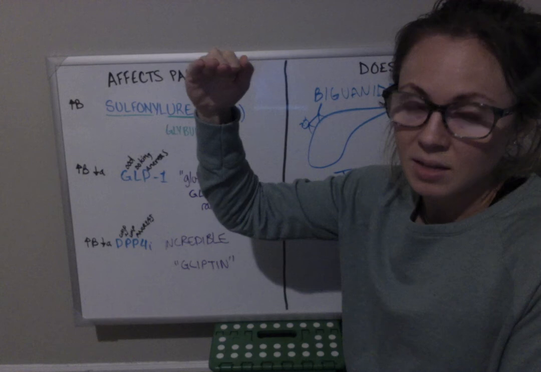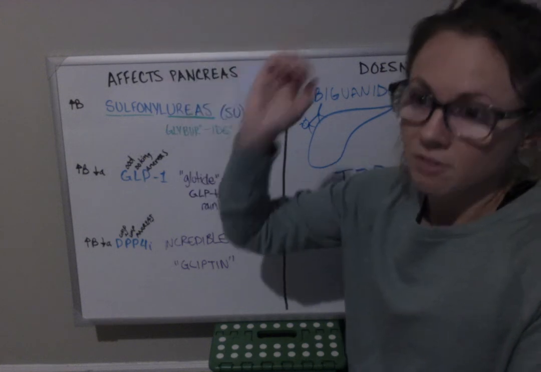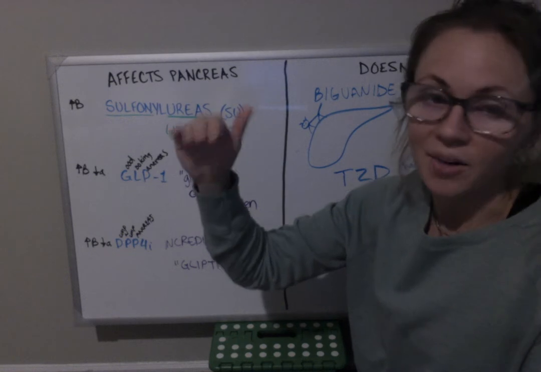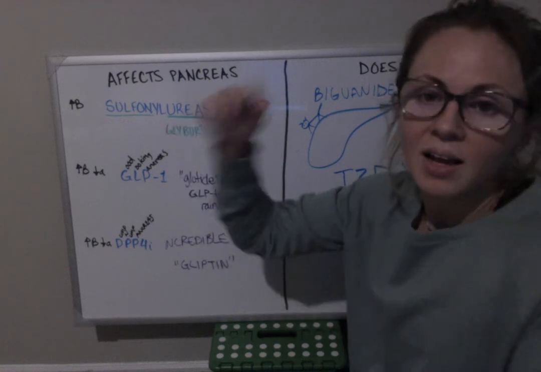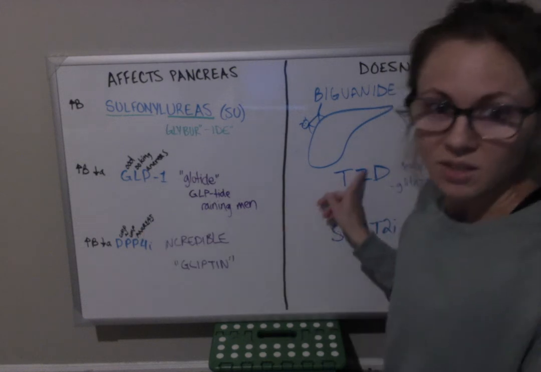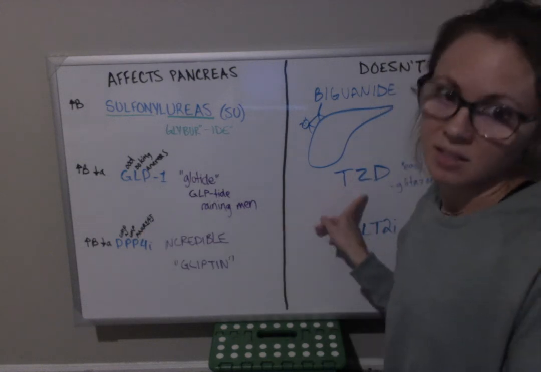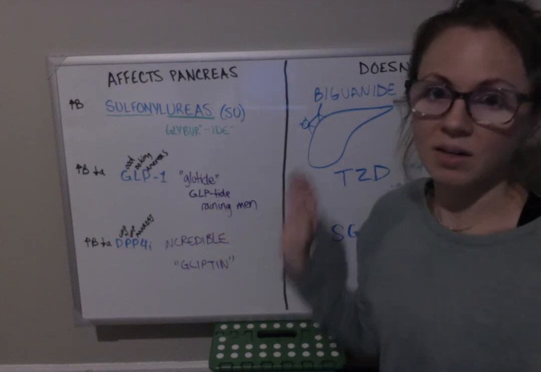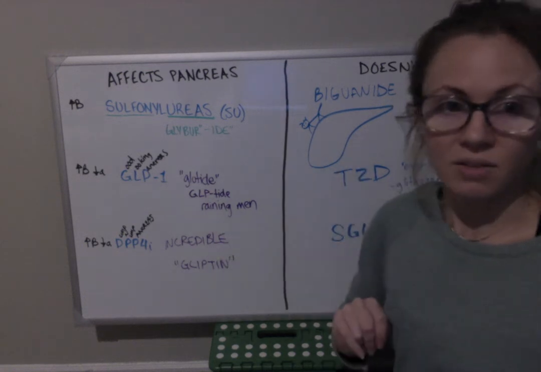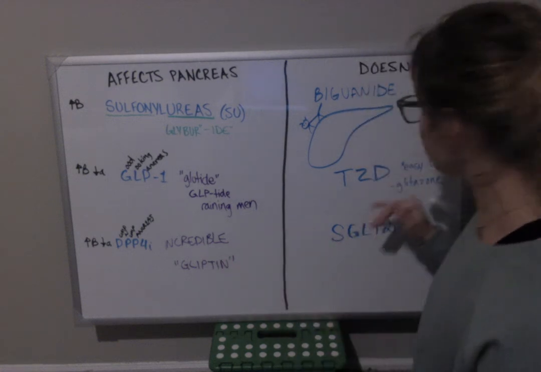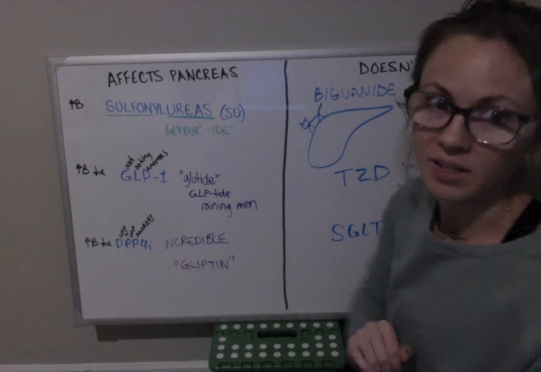And so insulin's going to cause you the most weight gain, followed by sulfonylureas, the second most weight gain. I don't know what it is, but it's less than 10 pounds. And then TZDs are then on the next tier. They cause the least amount of weight gain, but still a statistically significant increase in weight. And that's it. None of the other drugs will cause weight gain, and in fact, a lot of them will cause weight loss. Like GLP-1 causes weight loss.